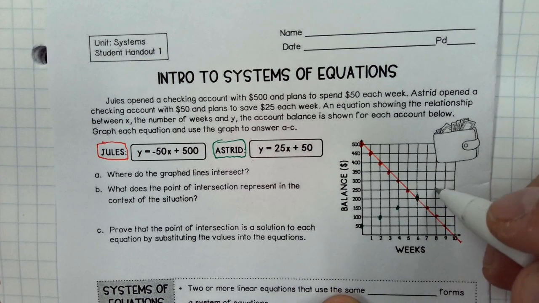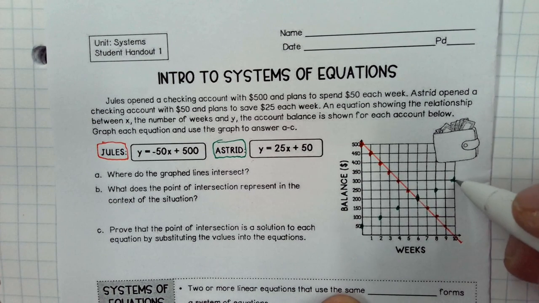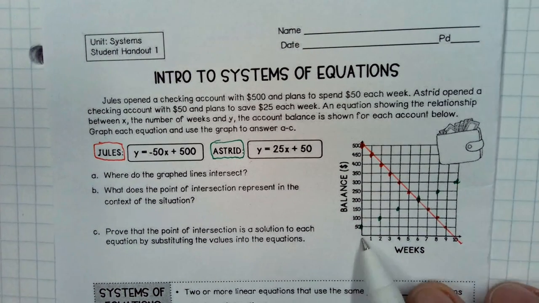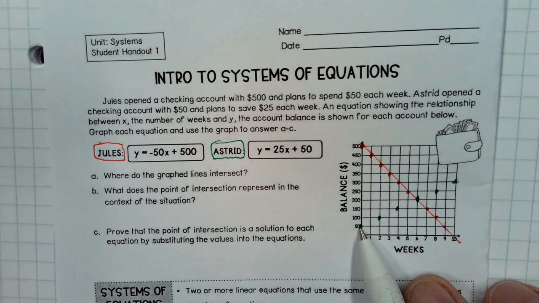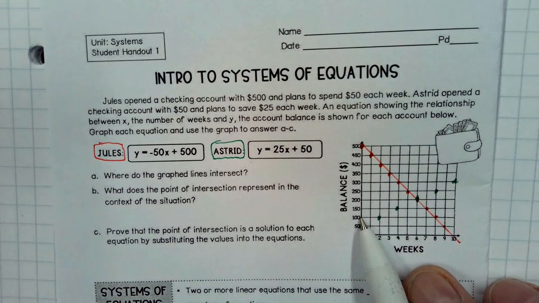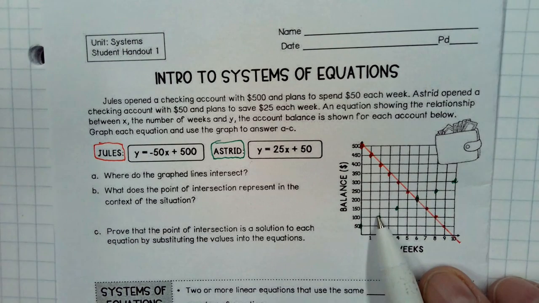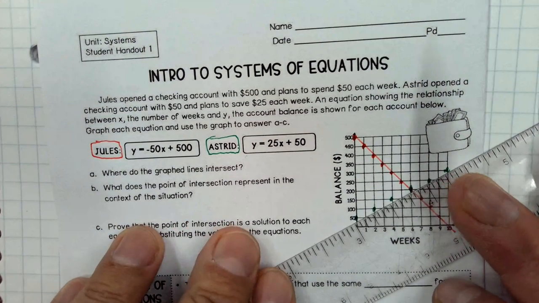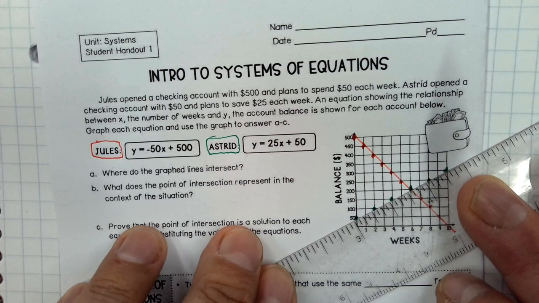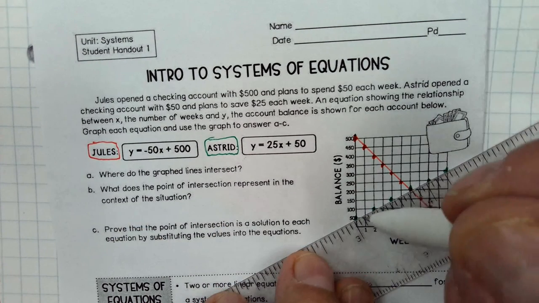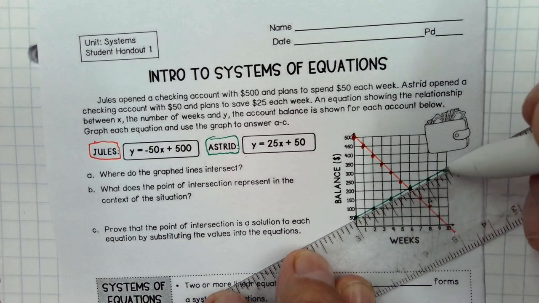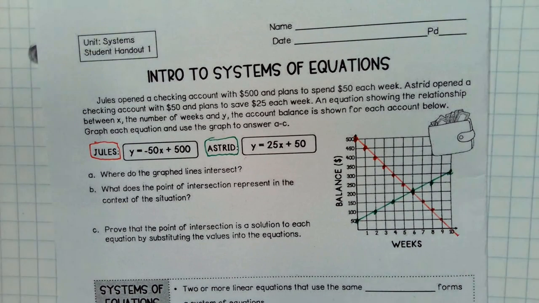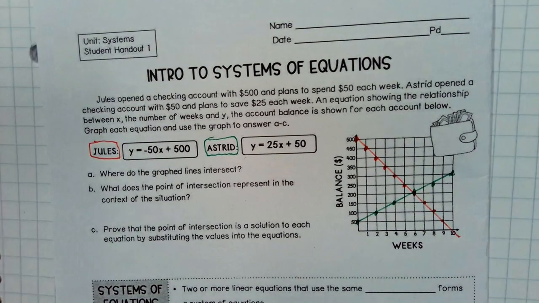Okay. So I'm going to graph hers like this. She saves $50 in 2 weeks, so it's up 1 across 2. And there's a line for her.